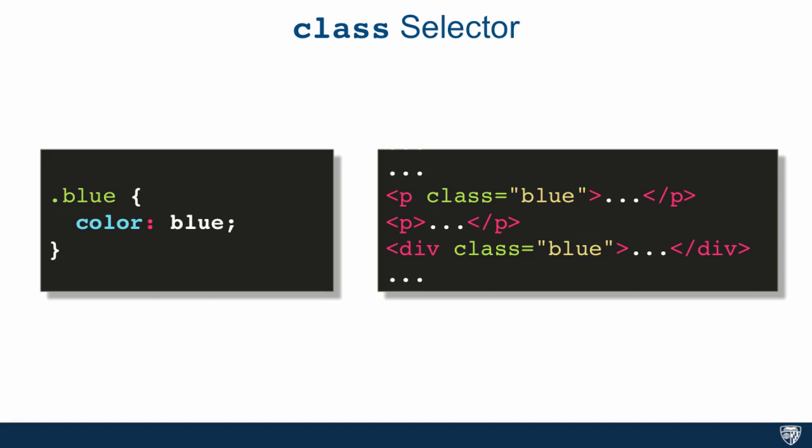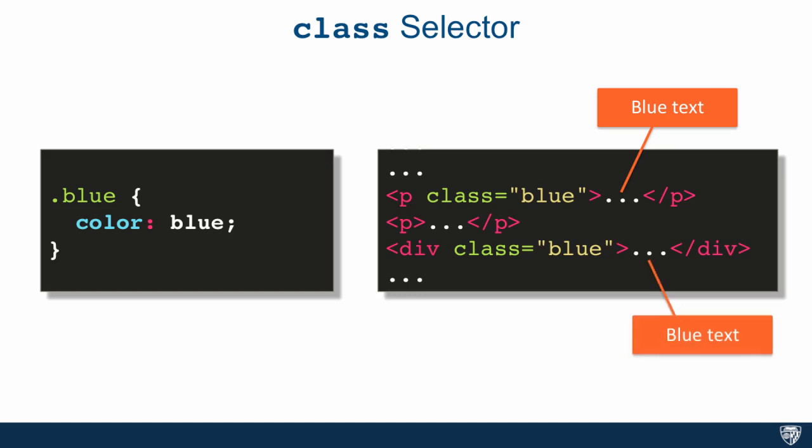So in this case, we have a P, the paragraph tag, and the div tag both have the attribute class equals blue, and therefore their text content will be colored blue. Notice that a different paragraph that is not marked with attribute class equals blue is completely unaffected by this.